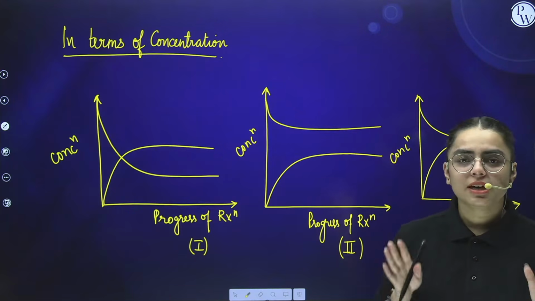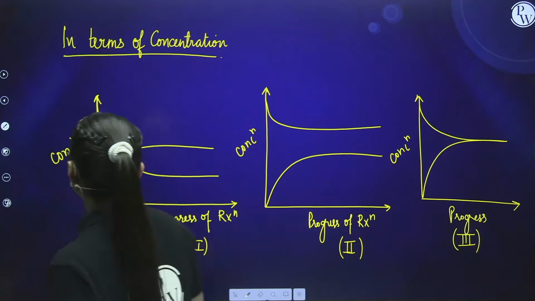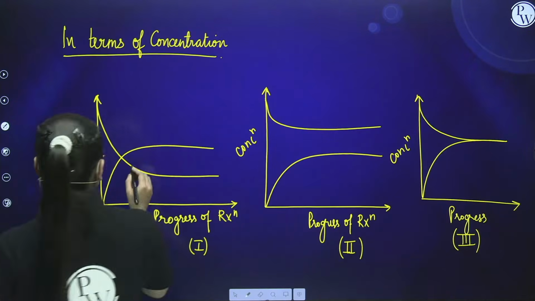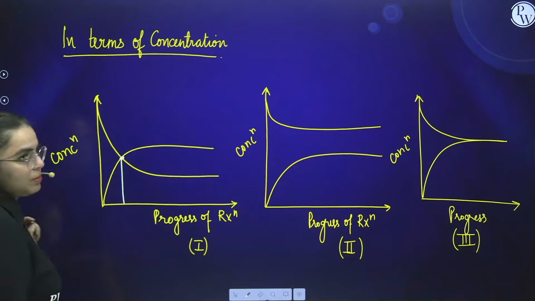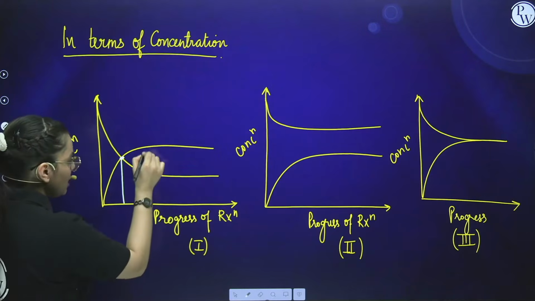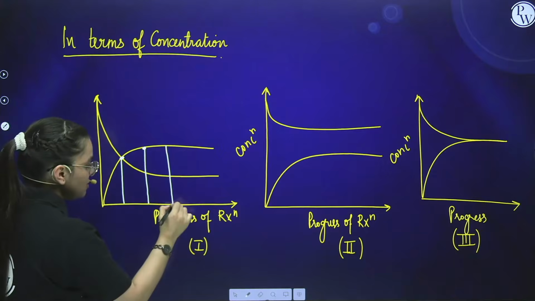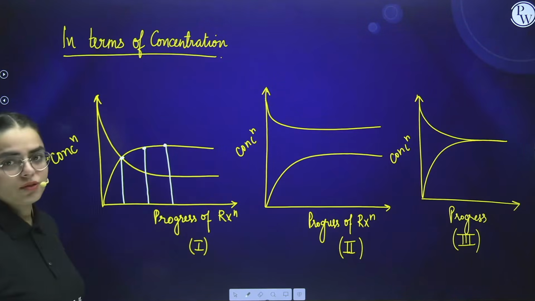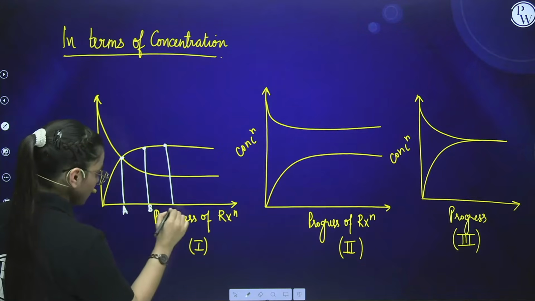Now, let us mark 3 points on this graph. Is the first point an equilibrium point? Is the next one an equilibrium point? And is the last one an equilibrium point? So here I've given you 3 states: this is your A, this is your B, this is your C.